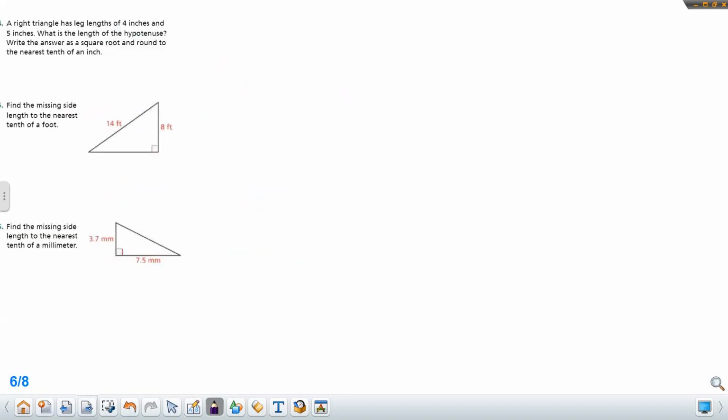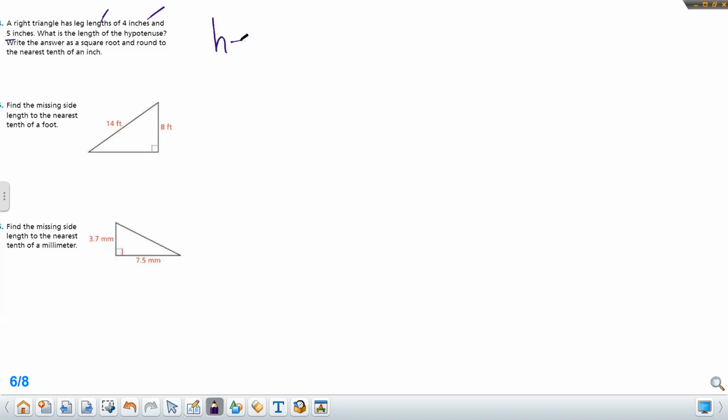Next one. A right triangle has leg lengths 4 inches and 5 inches. What's the length of the hypotenuse? Write the answer as a square root and round to the nearest tenth of an inch. First, what about the legs? They are 4 and 5. How to find the hypotenuse?